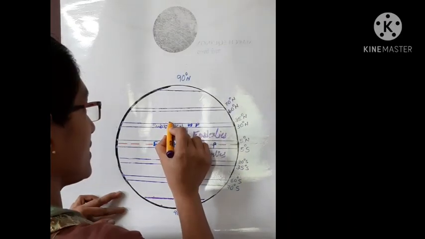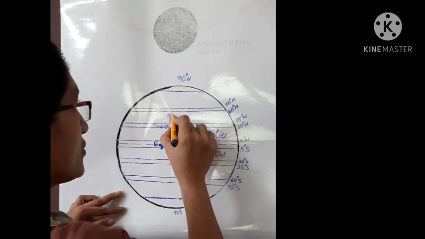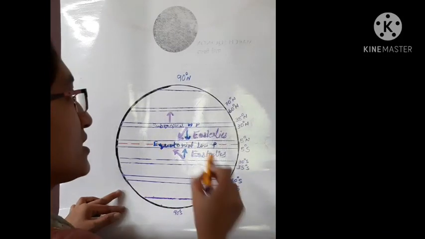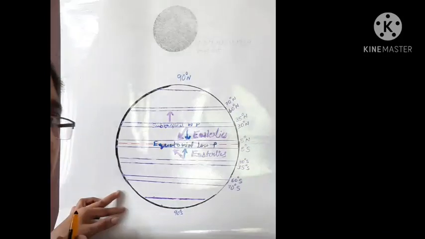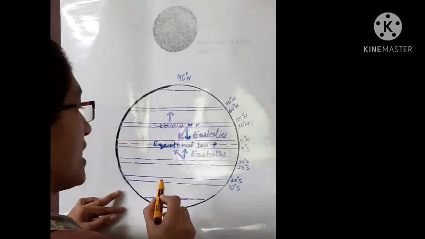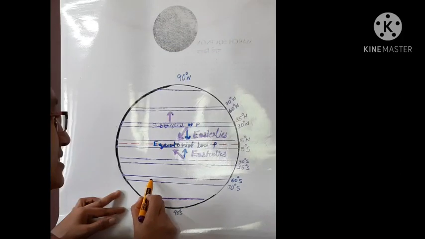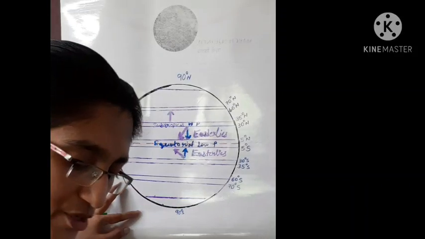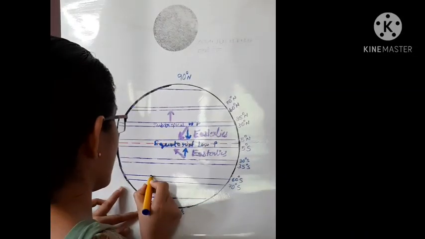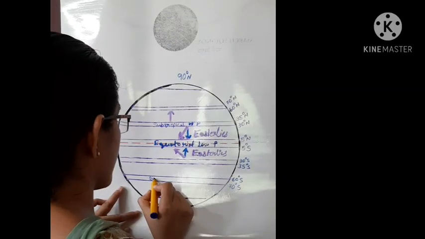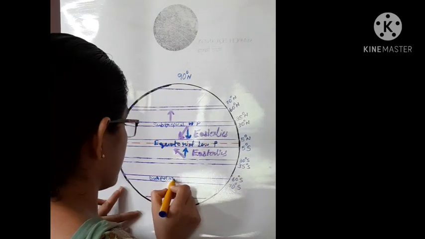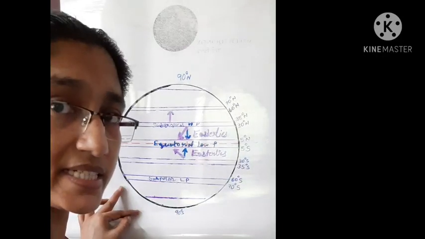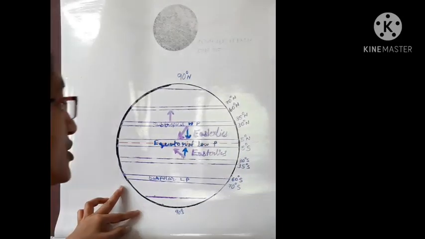From 35 degrees of latitude, these winds will move towards 60 degrees of north latitude, because this is a low pressure belt, the subpolar low pressure belt, attracting winds from the subtropical high pressure belt.